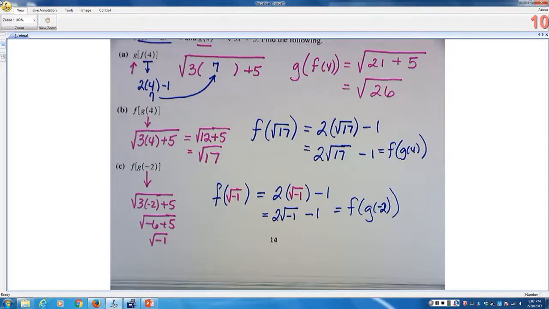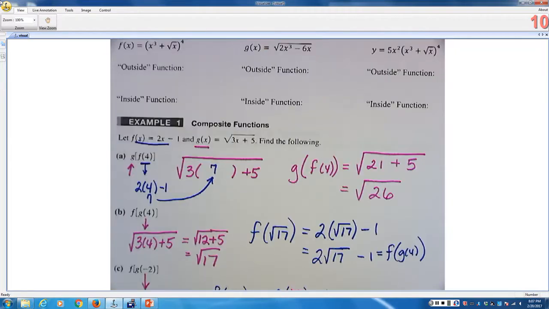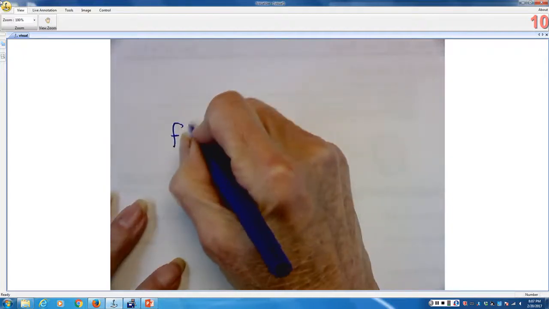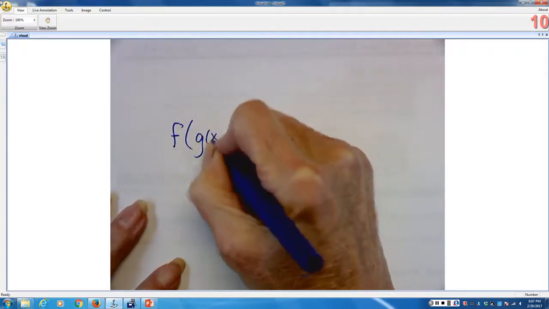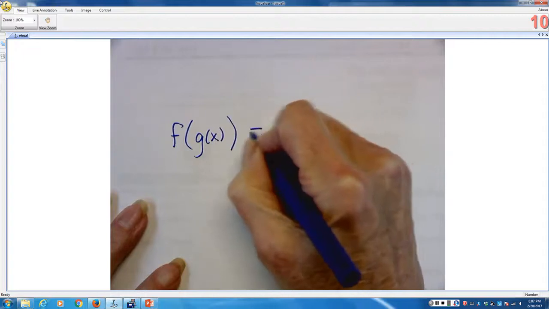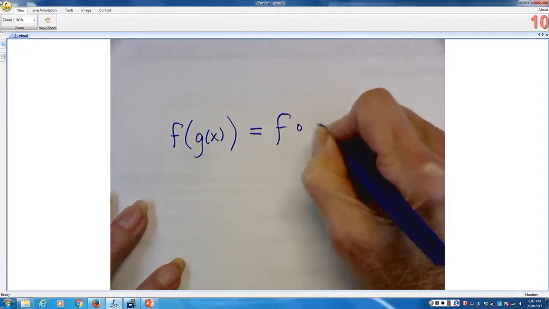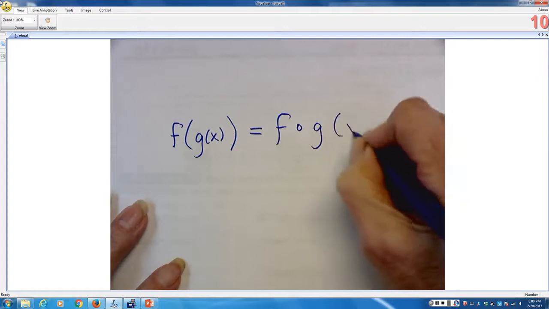Now, there is some notation that you're going to run across at some point, without a doubt. Let me just flip over on the back of this thing. This is always confusing for people. f of g of x is very often written as f circle g of x.